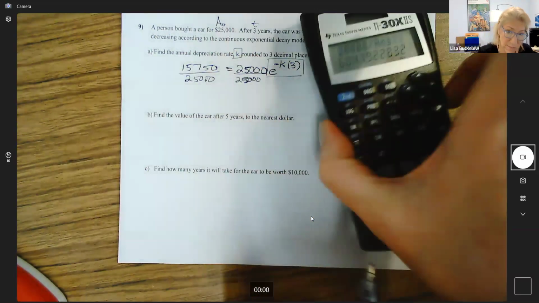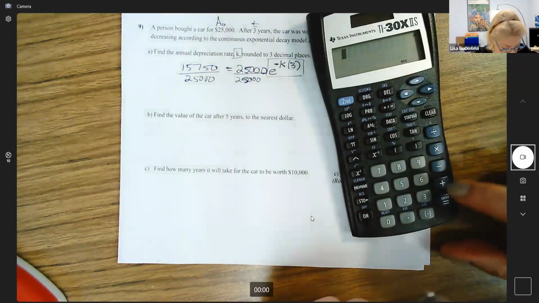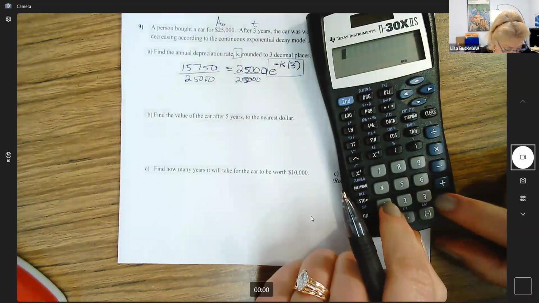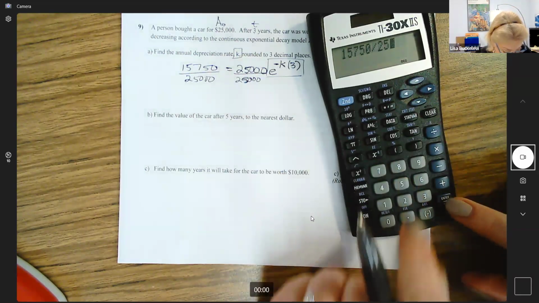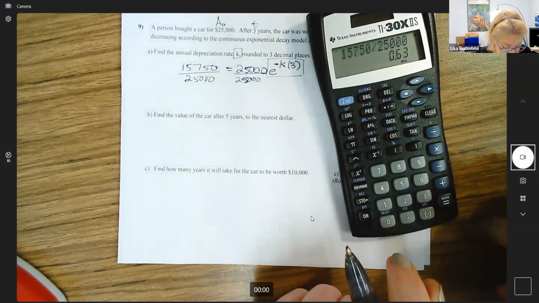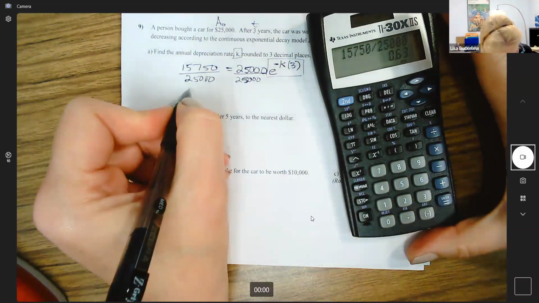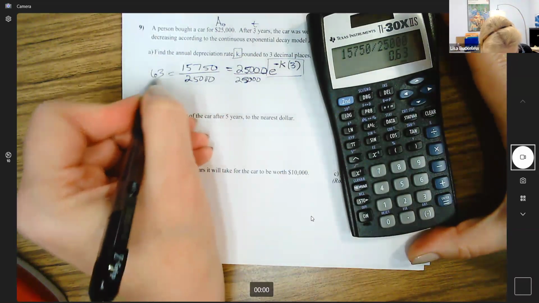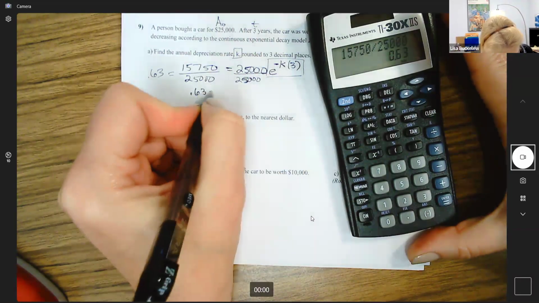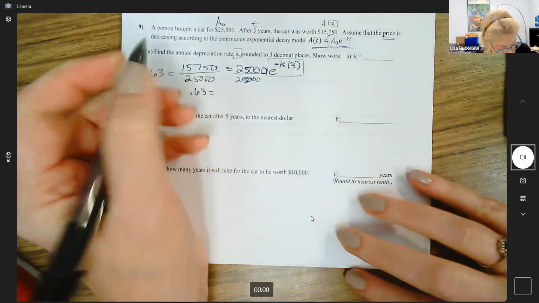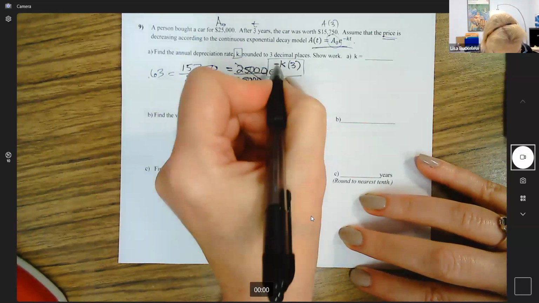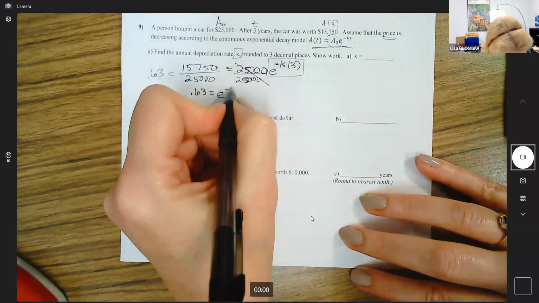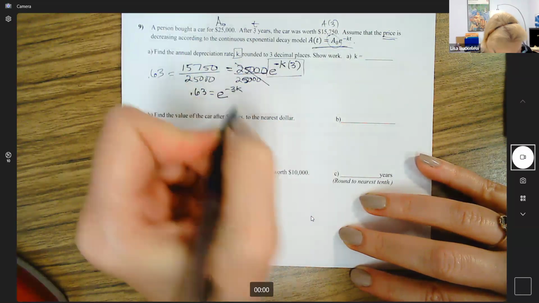Let me see if this gives us something pretty as a decimal, or do I need to keep the whole fraction? So 15,750 divided by 25,000 is 0.63. Okay, that's a nice, easy decimal. So I'm just going to go ahead and use 0.63 instead of writing the fraction version of this. Now the 25,000 is gone over here, so I just have e to the negative k times 3, so I'm just going to call that negative 3k.